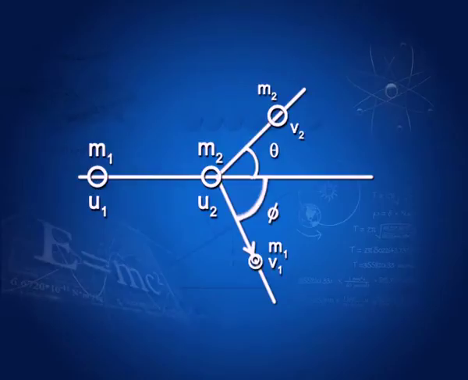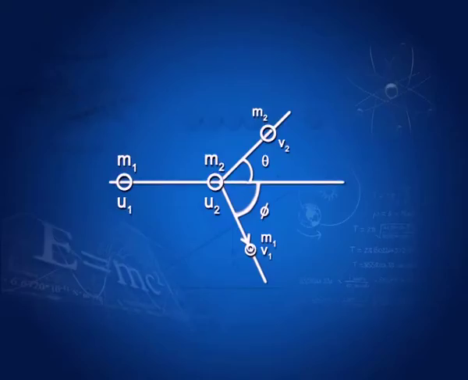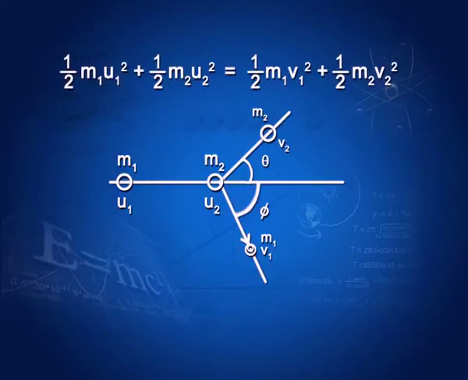If we were to write the equations for this case and say we consider first their kinetic energy, assume it to be conserved. So, it will be half m1 u1 square plus half m2 u2 square, and this would be equal to half m1 v1 square plus half m2 v2 square.